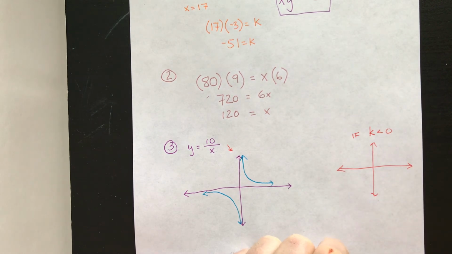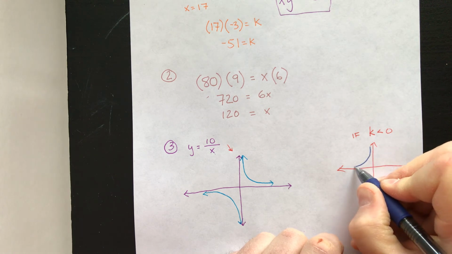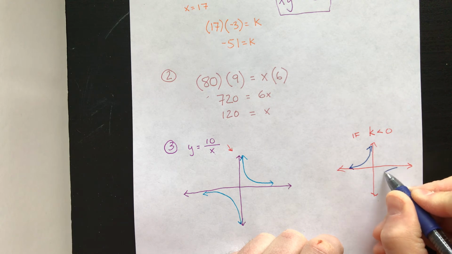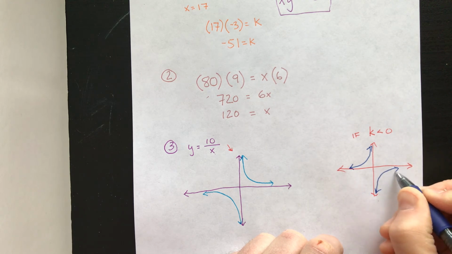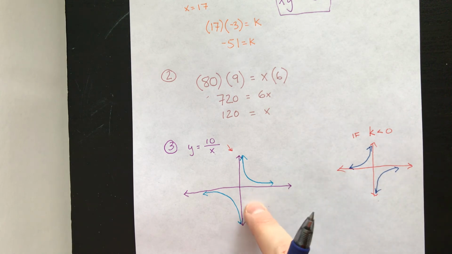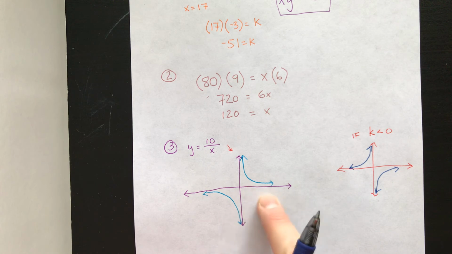Get my Dayton Flyer colors. These are the curves you're going to get. That's if k is less than 0. This is if k is greater than 0. So this would be your answer here. And this is just a rough copy. You can always check with your calculator too. You can graph on a graphing calculator.